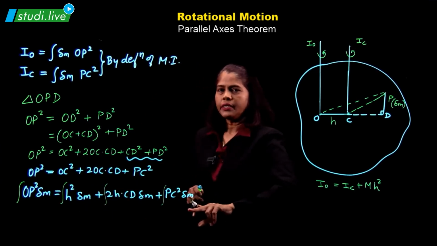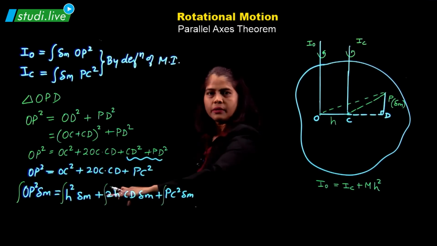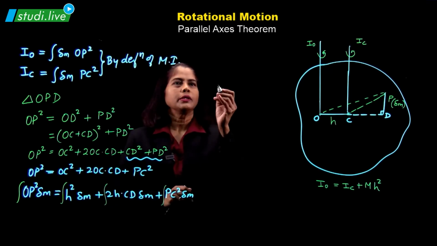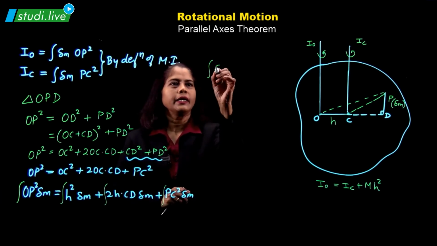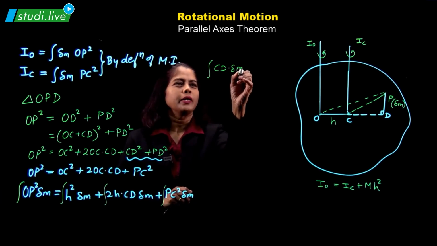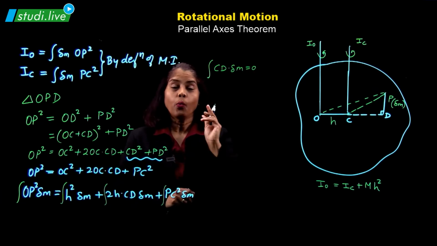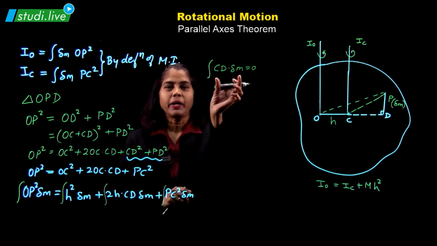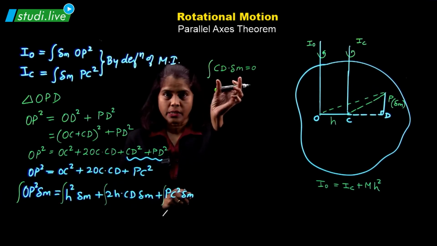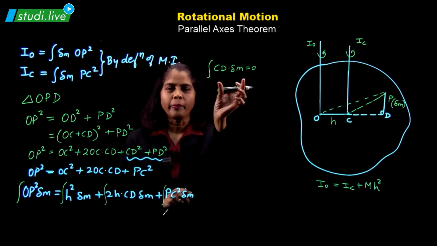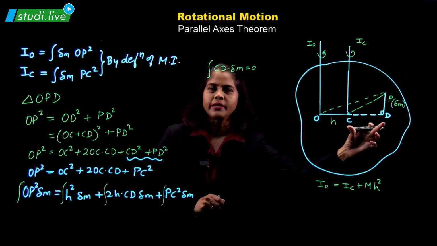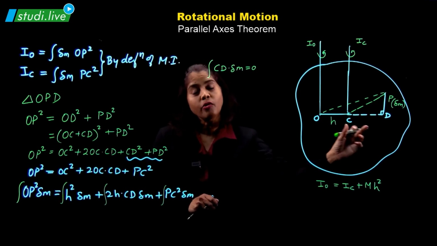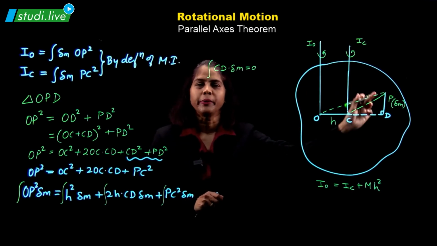Now, after integrating, you can just compare it. Okay. So, the important point is, that is integral CD delta M is 0. Why? Because this part is, we call it as moments. Okay. Sum of moments from center of mass, because CD is what? Distance from center of mass is always 0 for body at equilibrium.